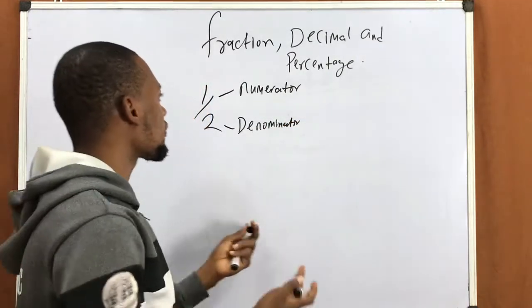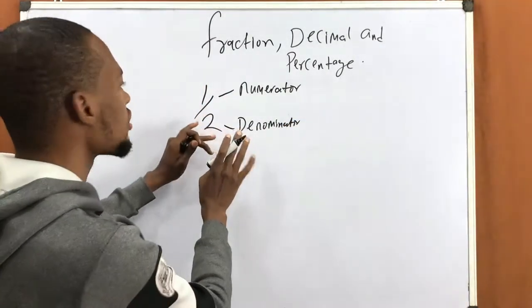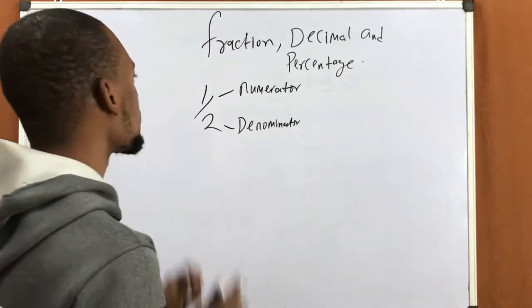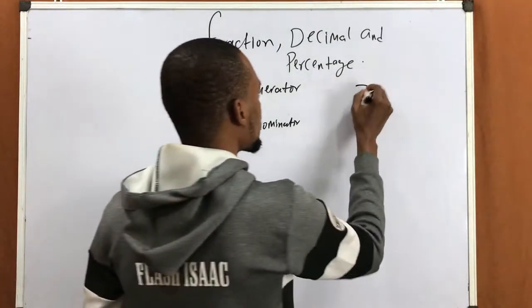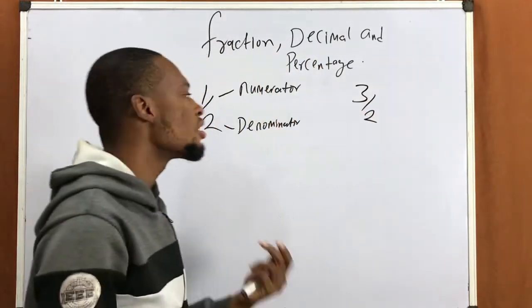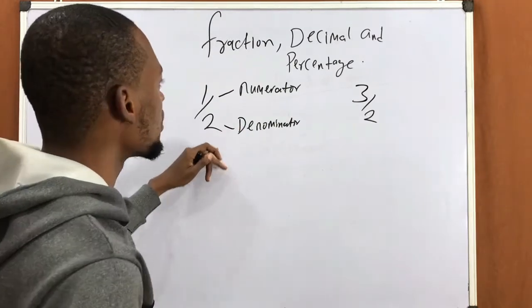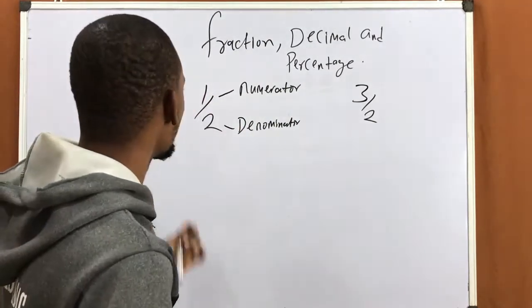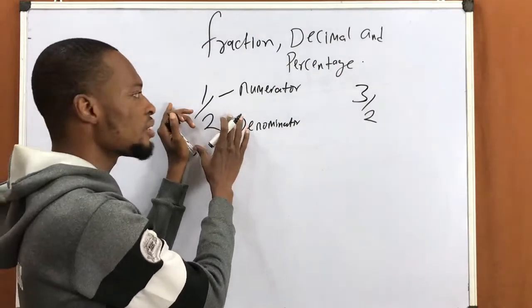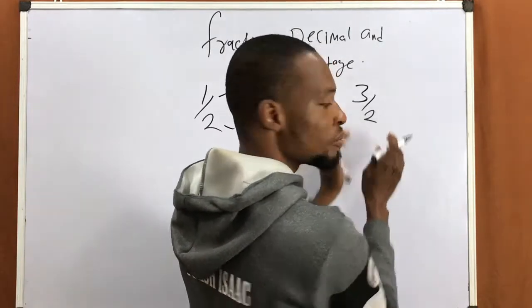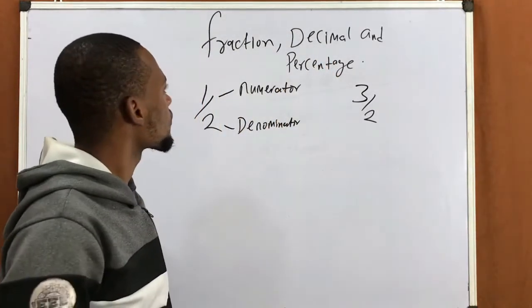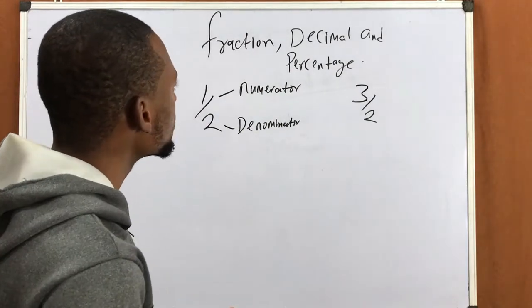Meaning for every fraction, you have the numerator and you have the denominator. Sometimes the numerator can be greater than the denominator, while sometimes the denominator can be greater than the numerator. So in this case, this is a proper fraction. In this case, this is an improper fraction. Now that's fraction for you.